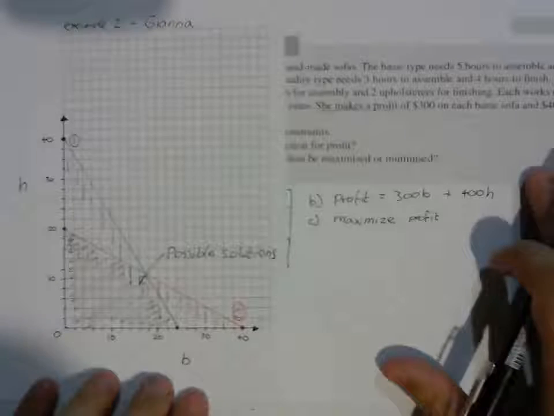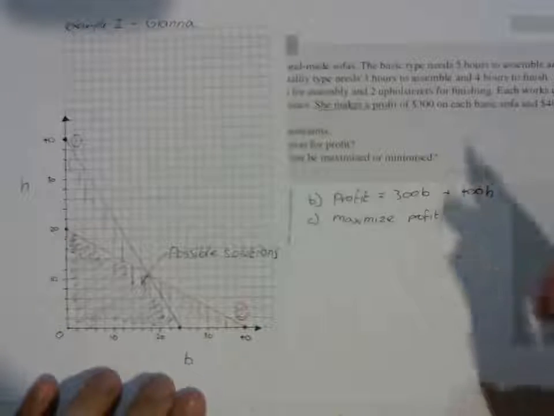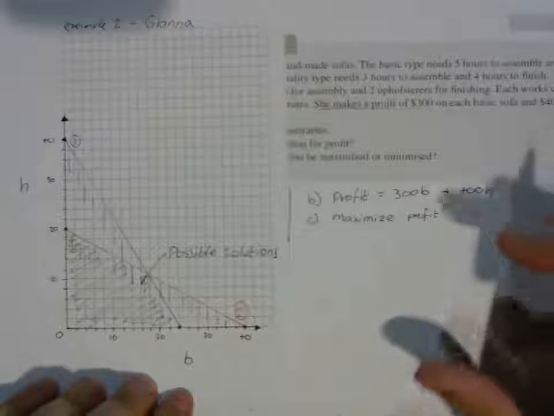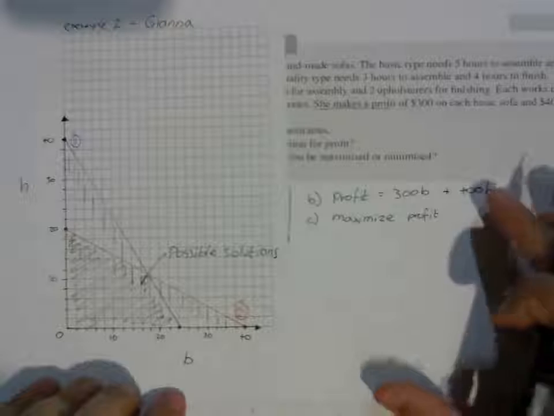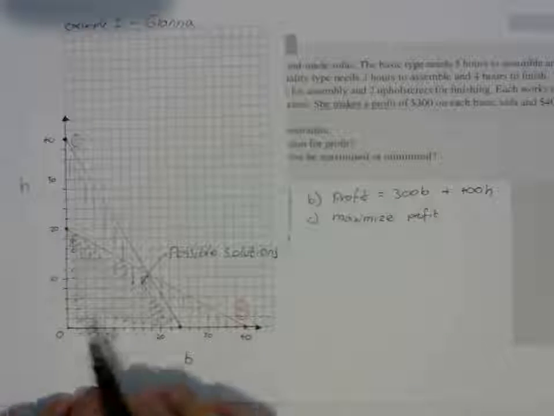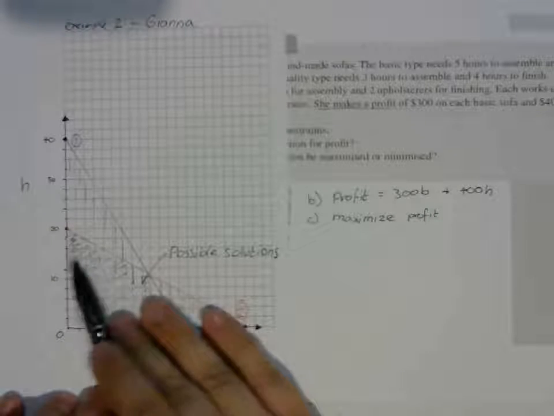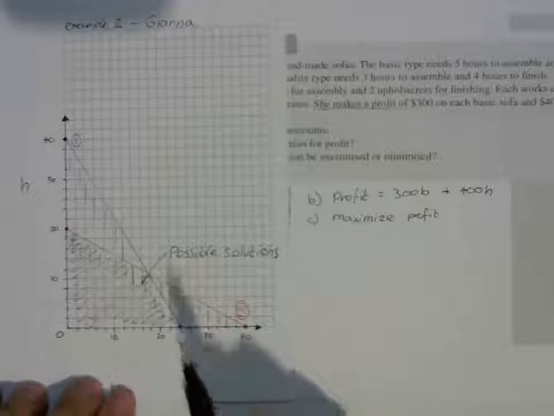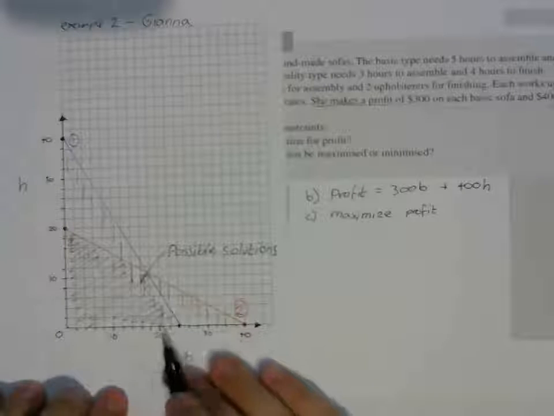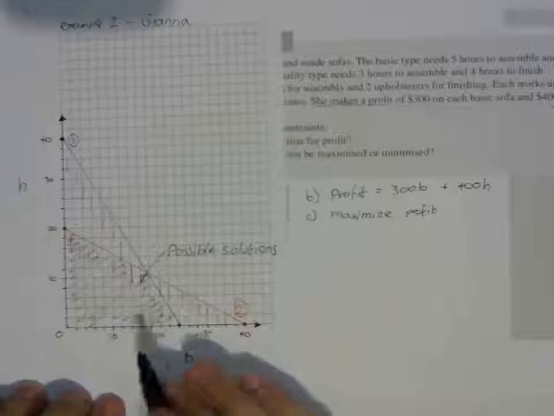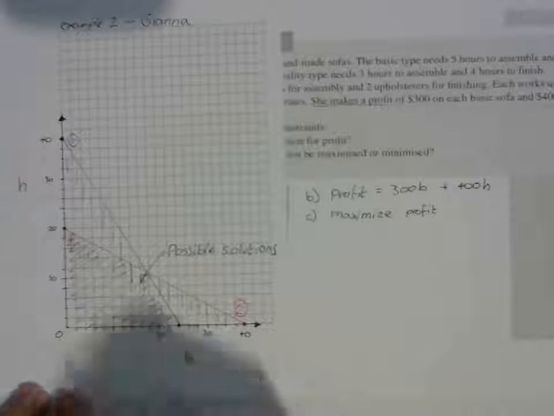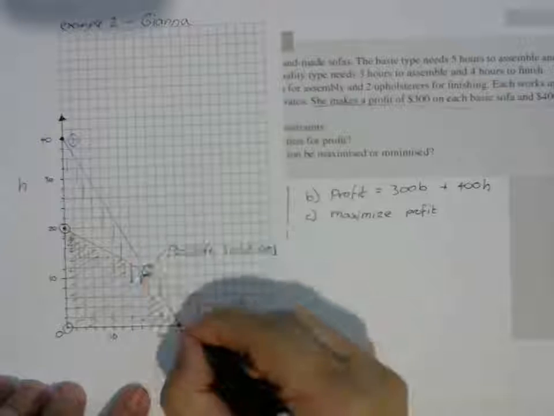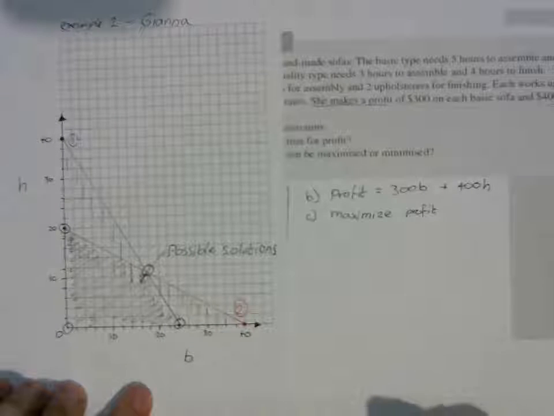Now the best possible solution is always going to be one of the corners of our possible solutions region. In this example, we have the possible solutions in this shape, so the point of maximum profit, the optimum solution, is going to be one of the 4 corners that we have.